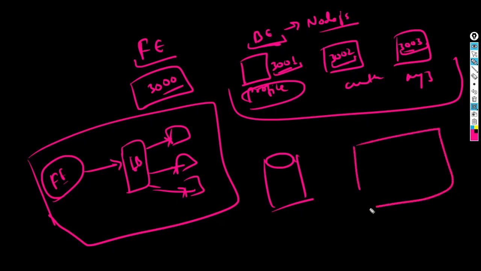We'll take one instance, a bit bigger, and run all of these services on three different port numbers inside that one instance.